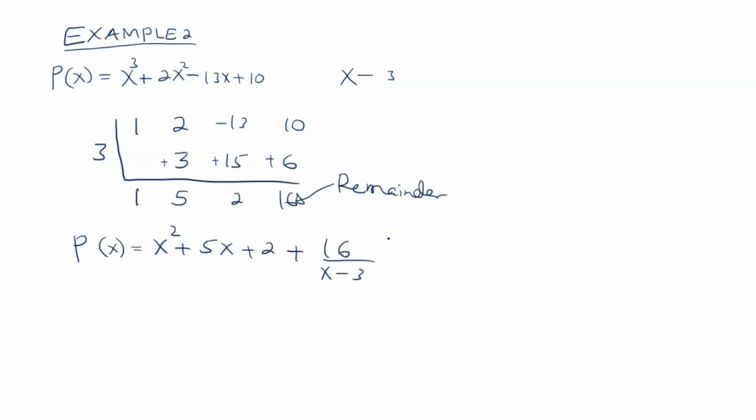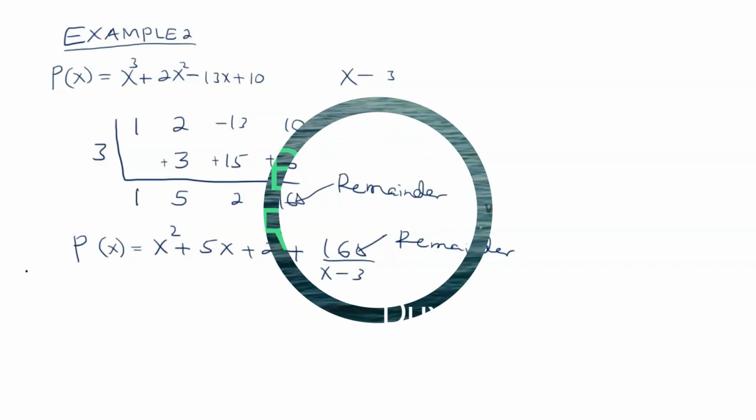So that's how you do it. The remainder always goes on the numerator side. And that's how you do the synthetic division. As you can see, it's less writing compared to the long division to find the coefficients of the terms. And that's it.